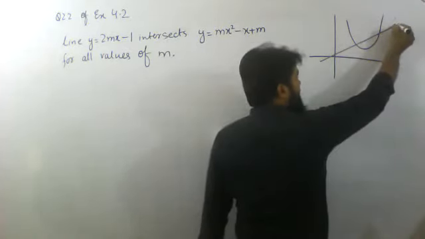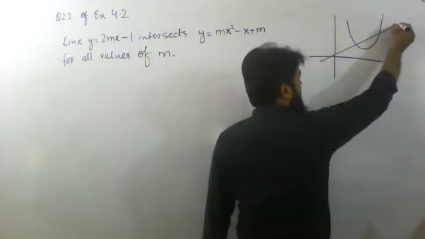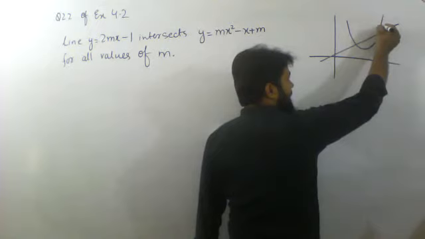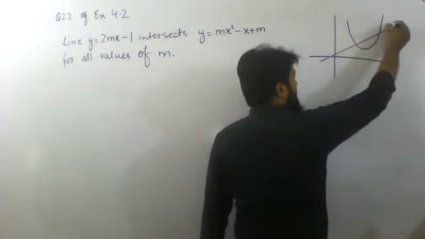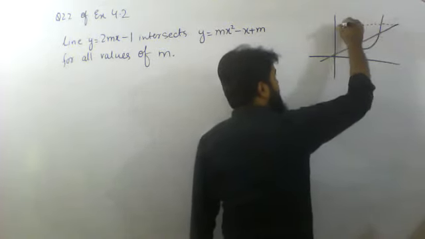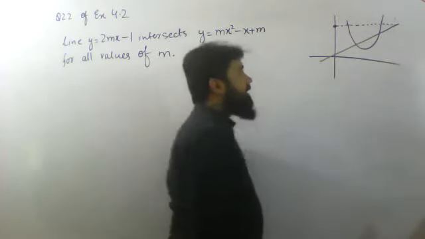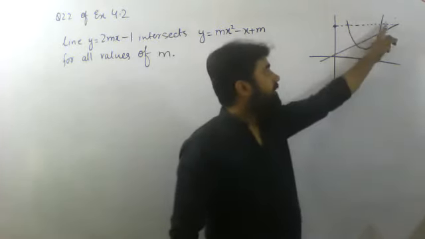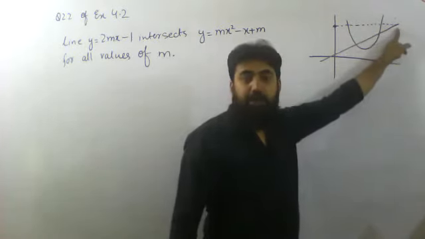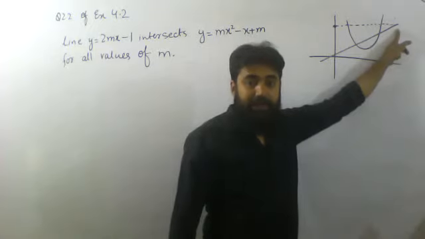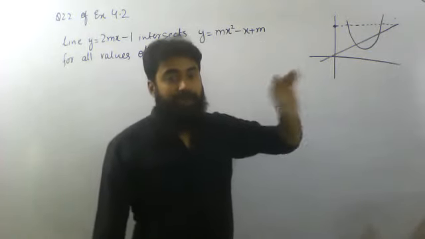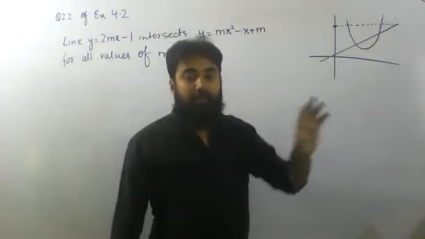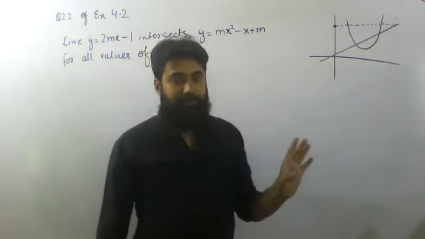See, if I am pointing out this point of the line, at this point it is not intersecting with the curve. But if I draw it and bring it to the y-axis, the value of y will remain same even if they are not intersecting.